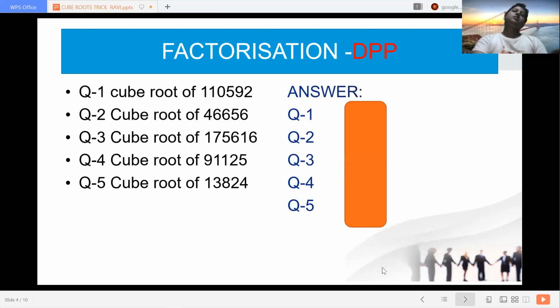We have a DPP with the help of which we can calculate by factorization method, but we know factorization of this number is a very lengthy one.